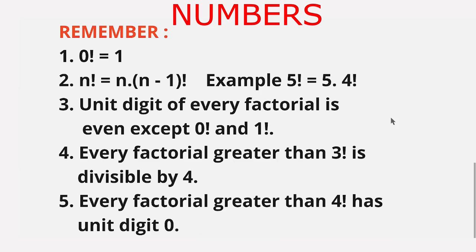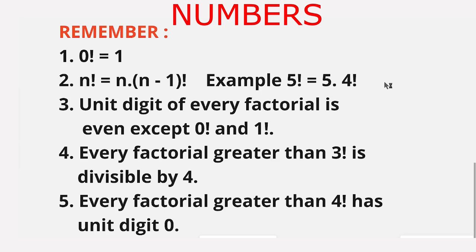We should remember few properties of factorial regarding its unit digit. Point 1. 0 factorial is 1. Point 2. N factorial is equal to n multiplied by n minus 1 factorial. For example, 5 factorial can be written as 5 multiplied by 4 factorial.